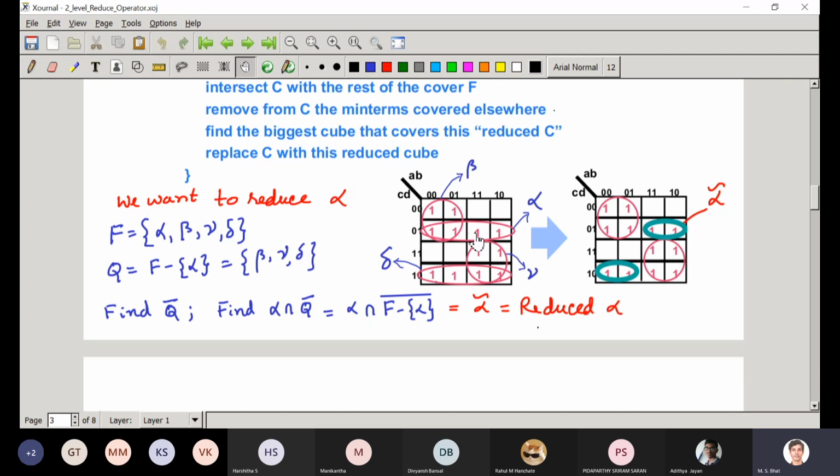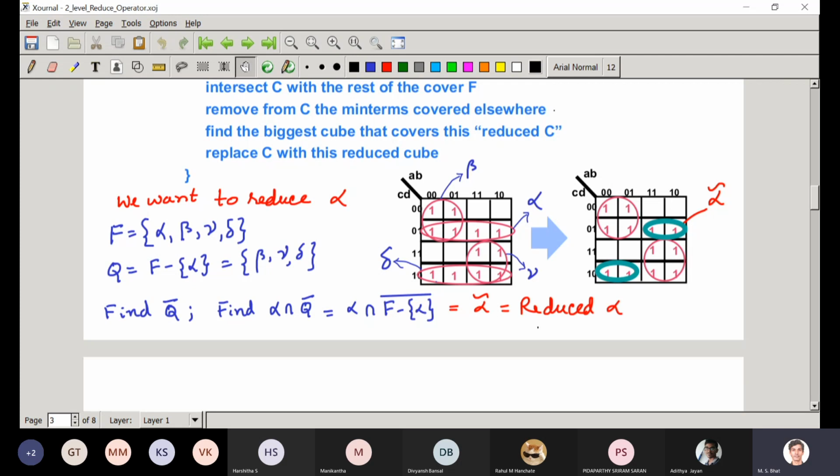That is our Q. Then find Q bar, which is everything other than beta, gamma, delta. Then find alpha intersection Q bar, which is only this term. That is alpha tilde, the reduced cube alpha.